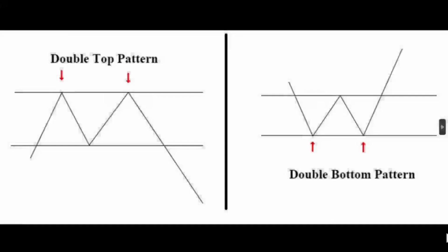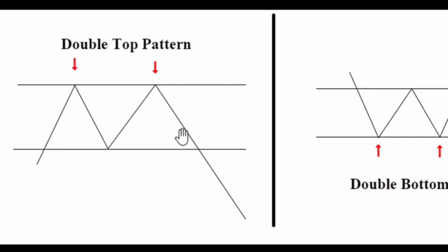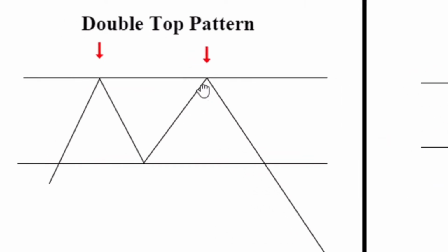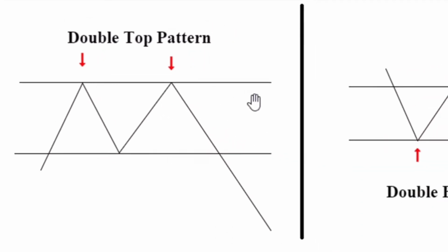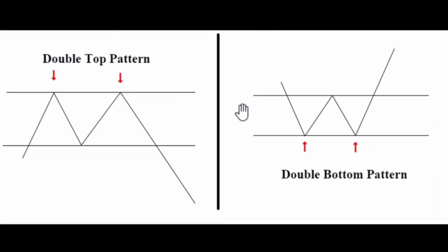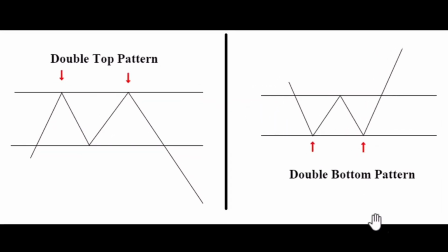The next chart pattern which I want to talk about is the double top. The double top pattern is another reversal pattern that indicates a strong resistance level. As the name suggests, this pattern is formed when a stock, crypto asset, or security price rises to a certain level, drops, and then rises again to the same level, only to drop again.